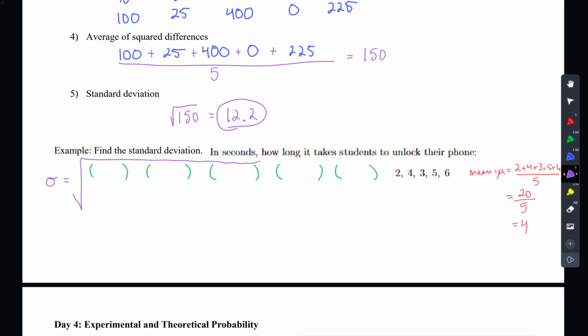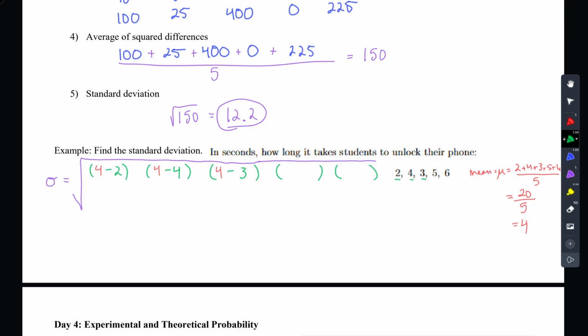So again, this might be a little bit more terrifying to do it this way. I don't know. So I'm going to go the mean minus 2. I'm going to do the mean minus 4 because I'm just going down the line of the numbers. I'm going to do the mean minus 3. Okay.